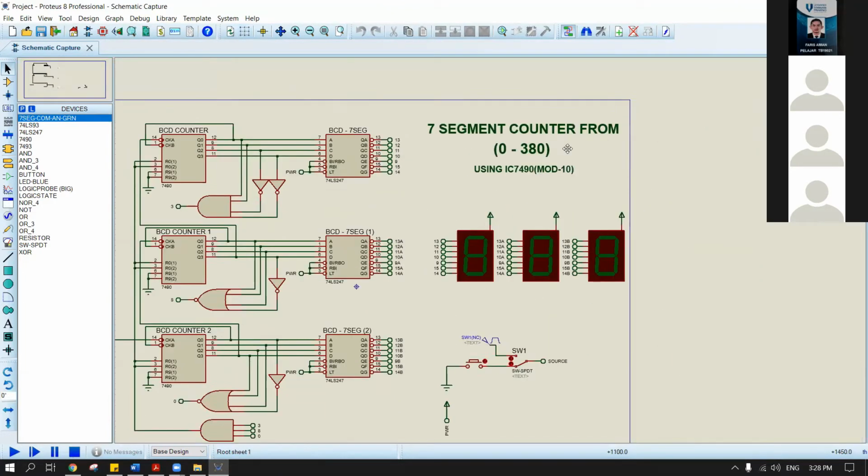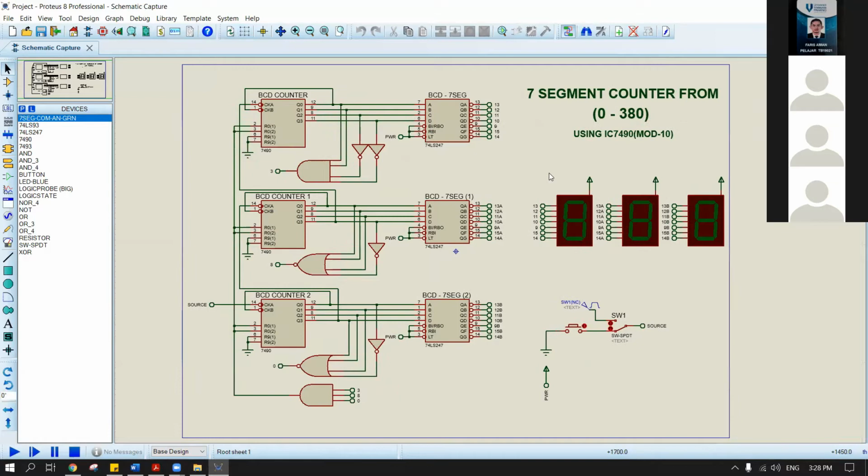Basically, our task is to design a BCD counter, a 7 segment counter from 0 to 380. So we have to use two ICs, the first is 7490 and the second IC is 7493.